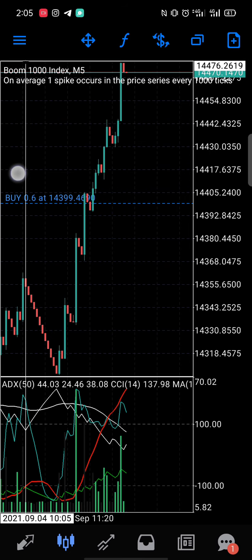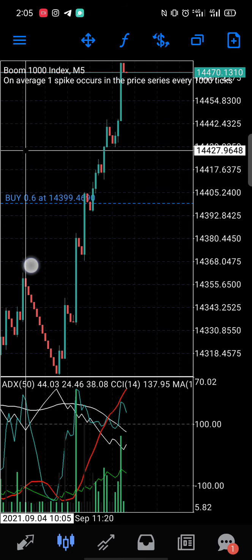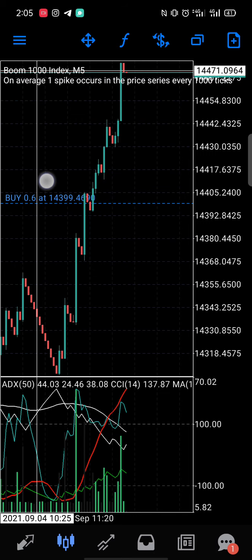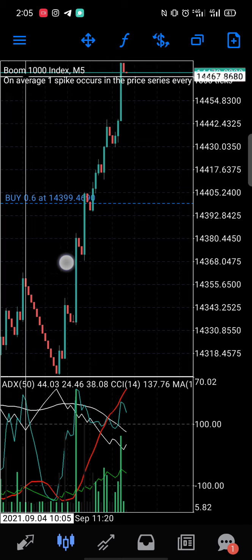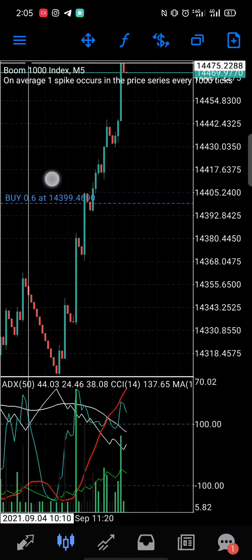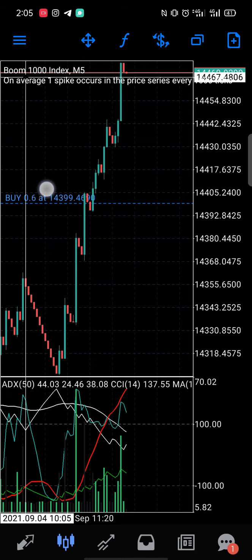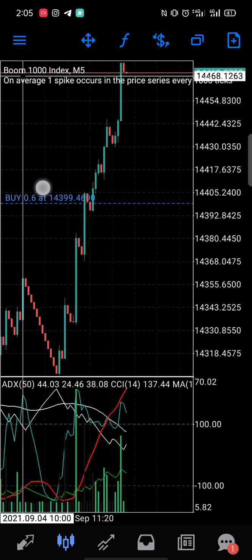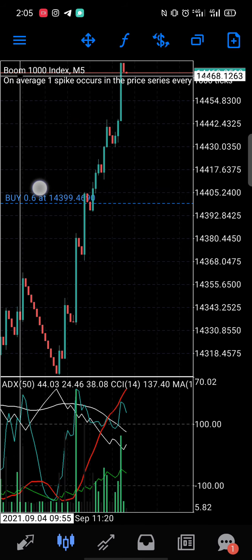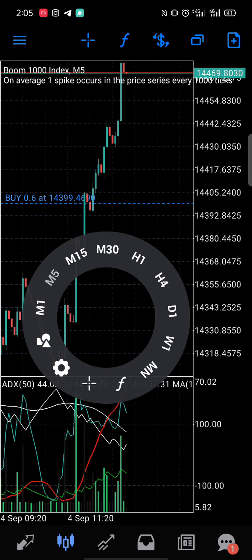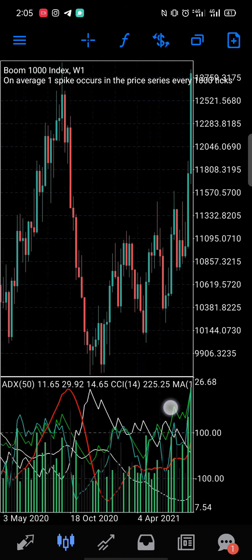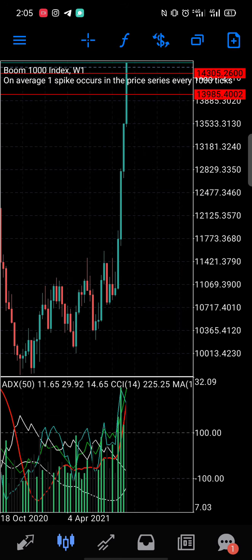If it gets to this point, I move my stop loss to this point continuously. It's trying to make a little pullback, then it continues. If it continues, guys, my stop loss will be moved to this support level to continue the trend, because as you can see, for weeks it has been on an uptrend.